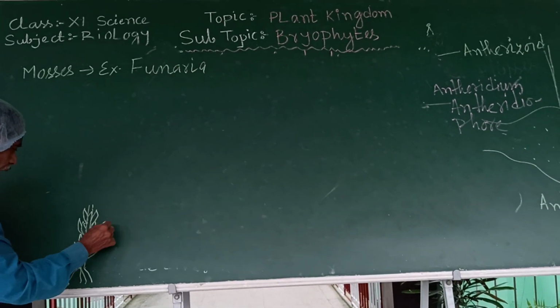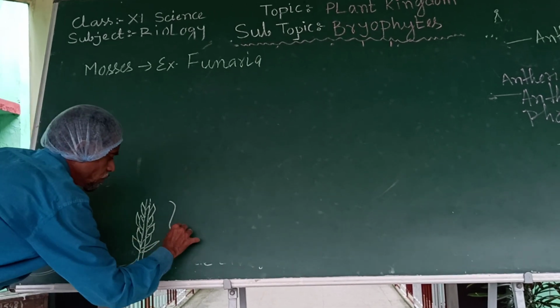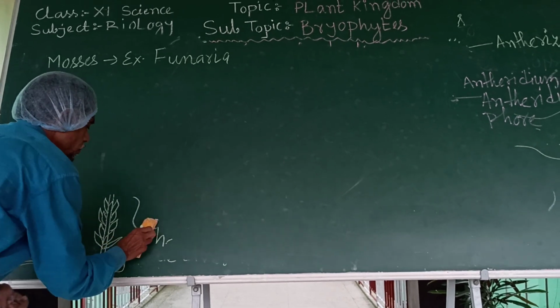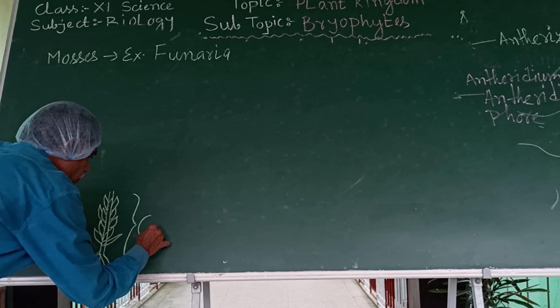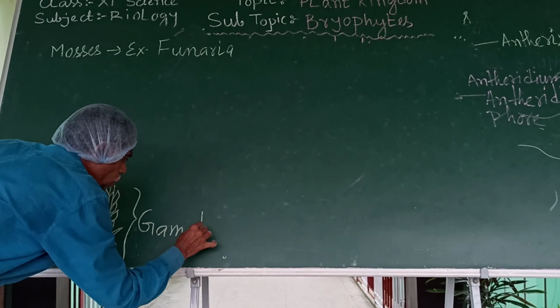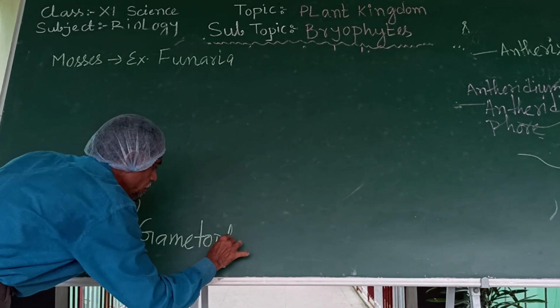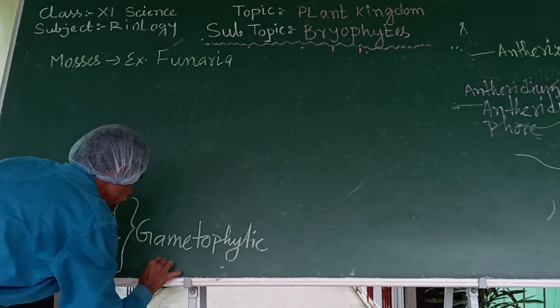So this is the thallophytic stage, the thallus-like structure, the gametophytic stage.